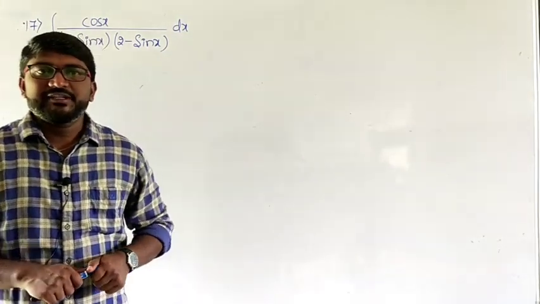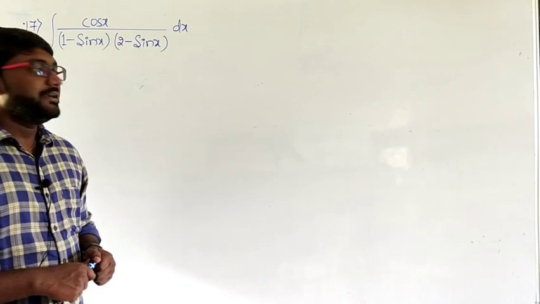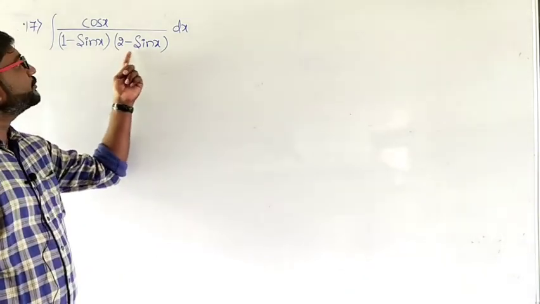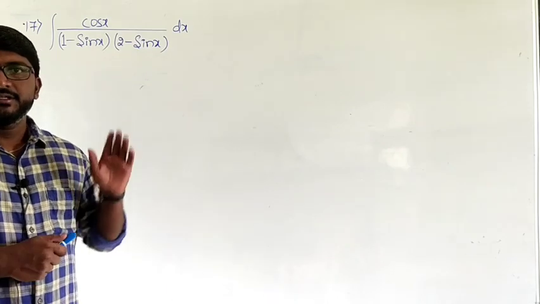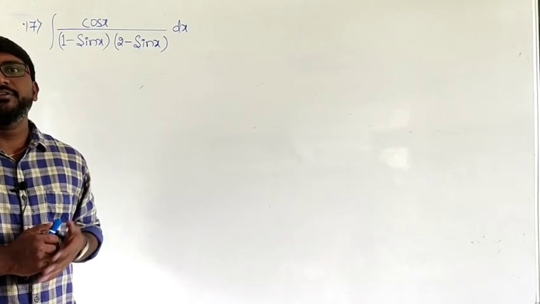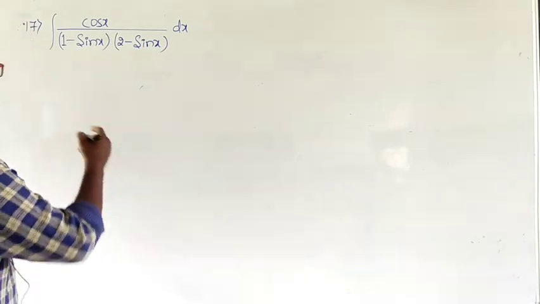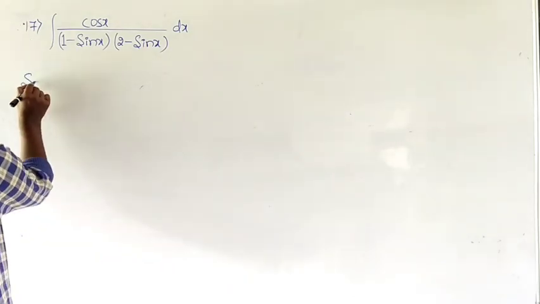Well, the next question it is 17th one, integral cos x divided by 1 minus sin x into 2 minus sin x dx. So in the textbook they have given the hint for this. Put sin x equal to t. So let us go ahead with this.